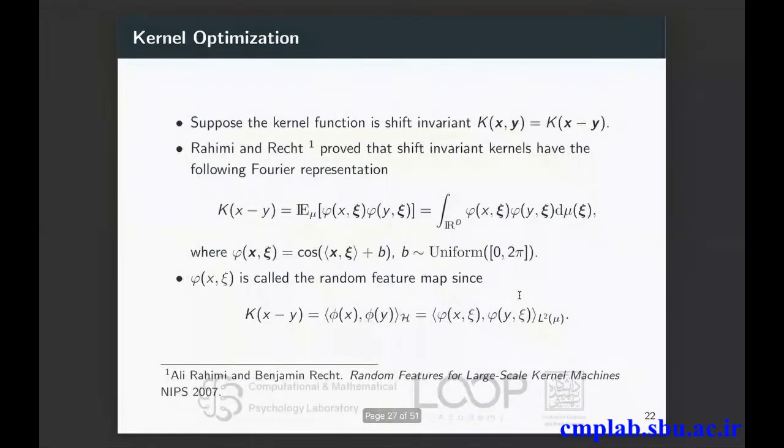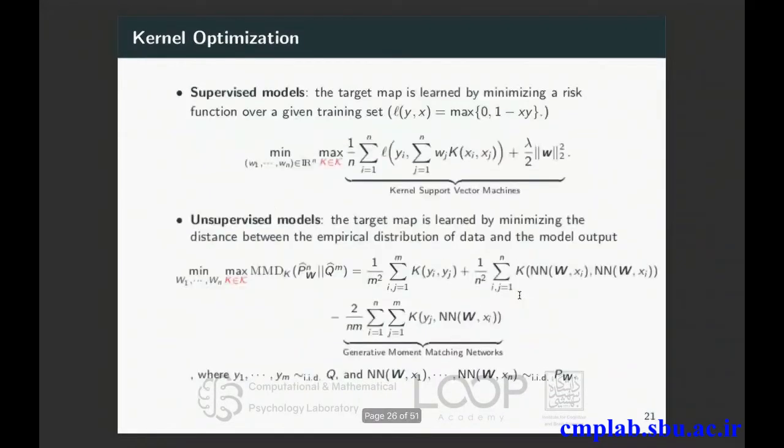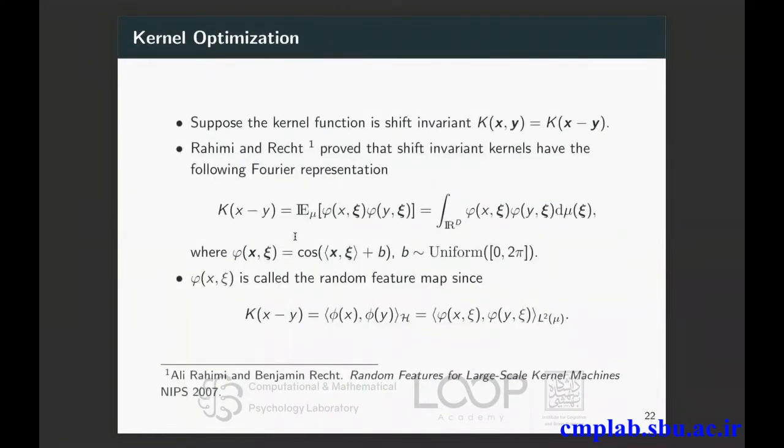Before I move on, as you can see in this slide, I had some optimization over kernels. What I said is that each kernel can be represented in terms of an integral, and this integral has a distribution. If I know the distribution in this integral, I can know what the form of the kernel looks like, because these feature maps are known.